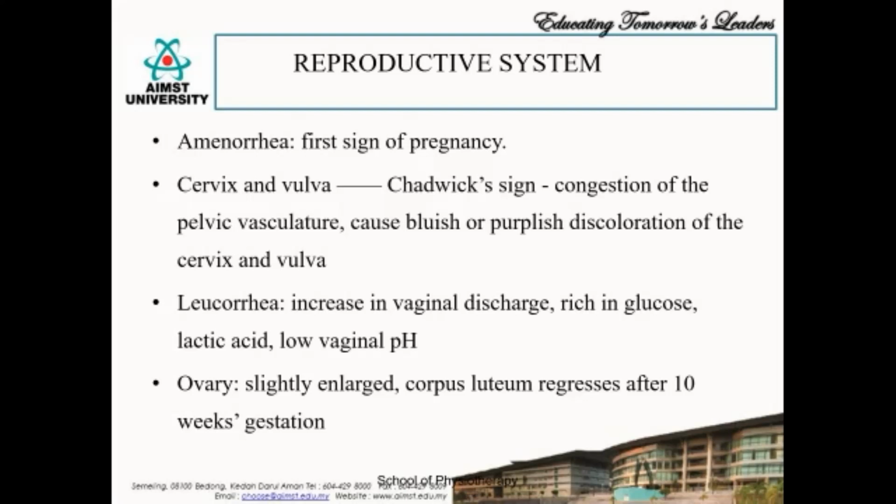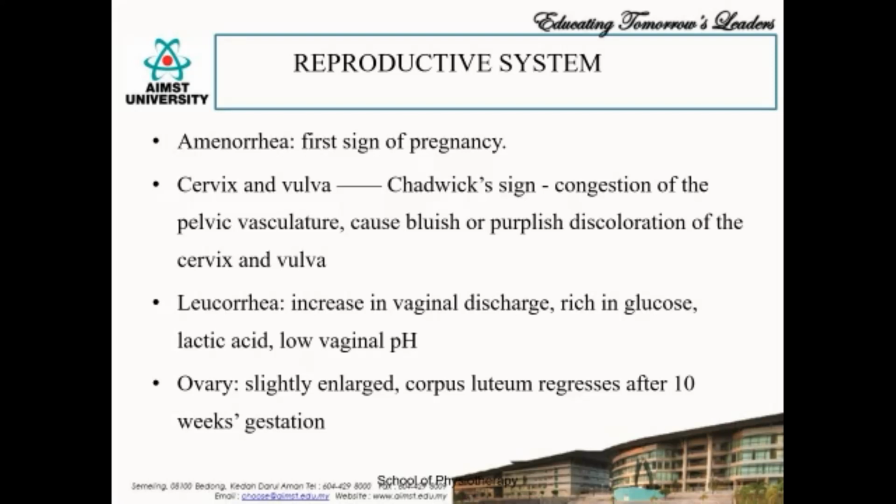Next is leukorrhea, which is an increase in the vaginal discharge. The vagina normally has a low pH, and because of that there is more chance of infection. To reduce that, the alkalinity will be increased. There will be more discharge in the vagina, and it will be richly supplied with glucose.